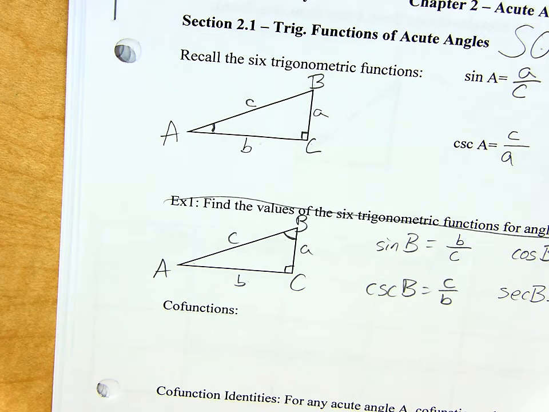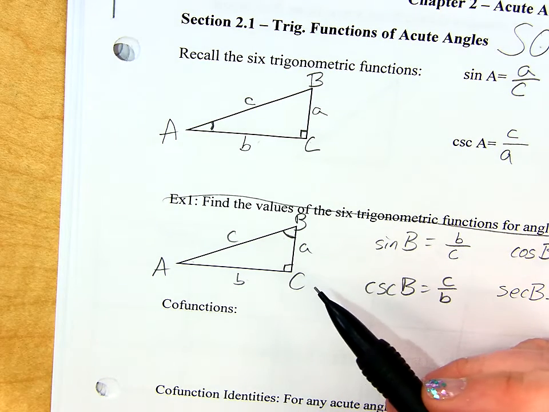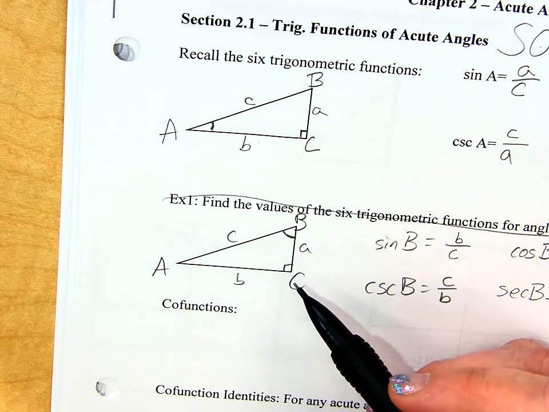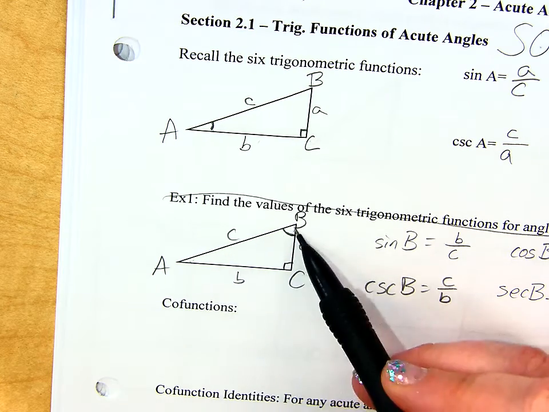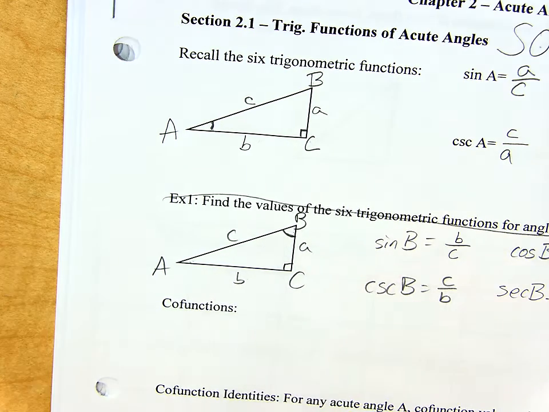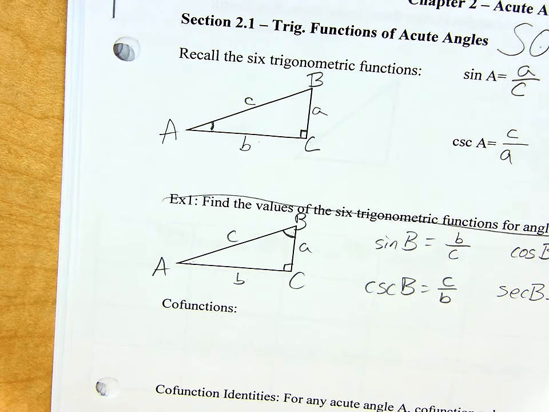Okay, let's go back a step further. What must the angles in a triangle add up to be? 180, always, right? And if I have a right triangle, one of the angles has to be 90, right? So what does that mean that A and B have to add up to? They have to add up to 90 together, right? So what's that vocab word for angles that add up to be 90?